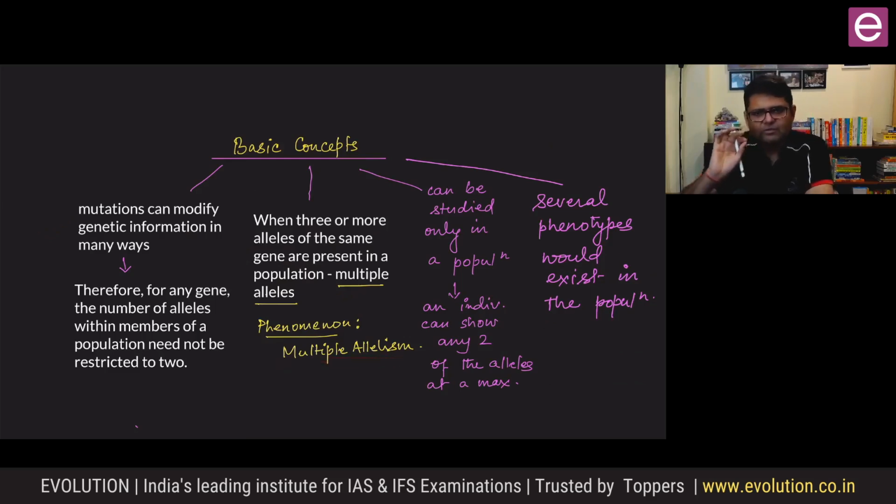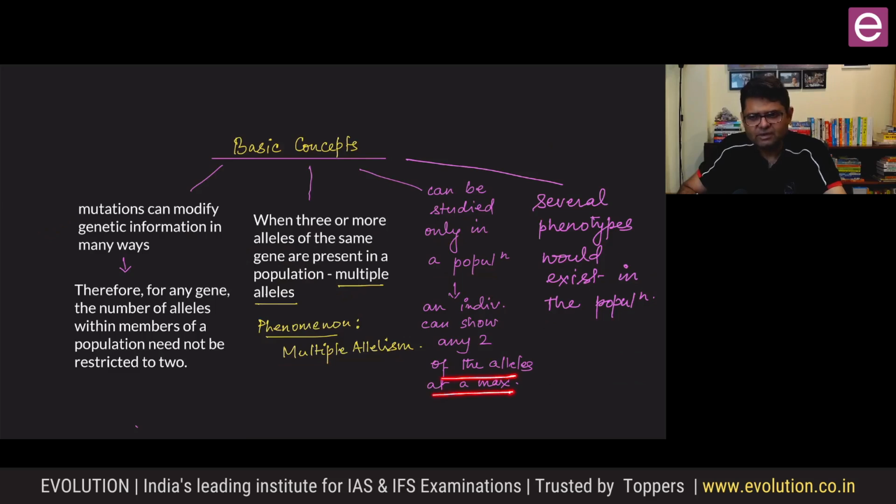The phenomenon of multiple allelism can be studied only in a population. Why? Because a single individual will always carry at the most 2 different alleles and sometimes 2 copies of the same allele. Are we getting the picture? But at the level of a population, yes, you can study many alleles.